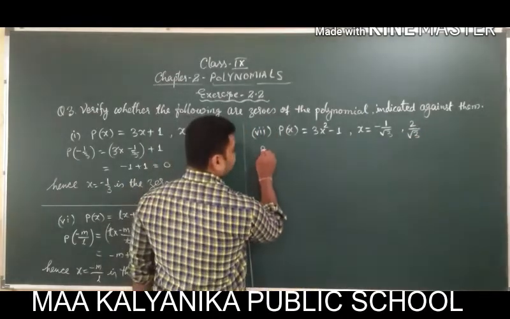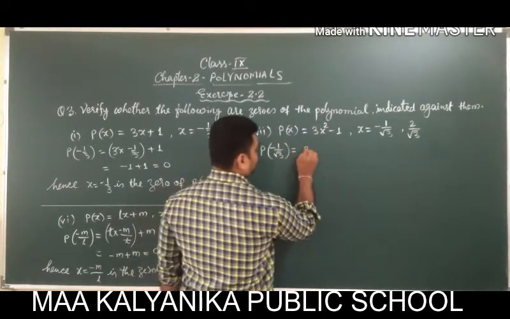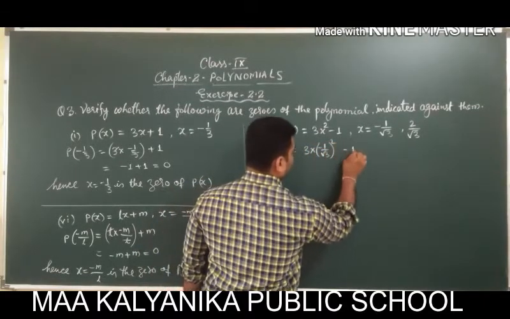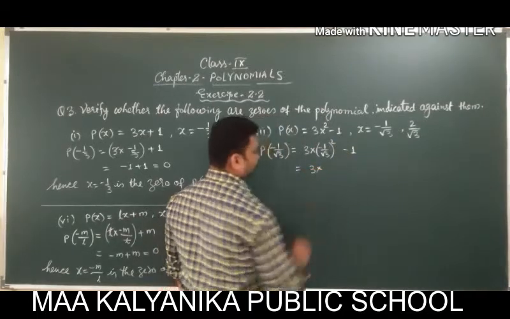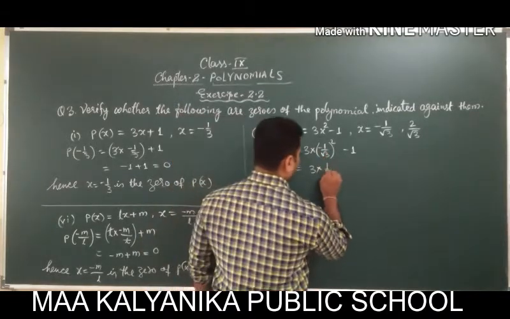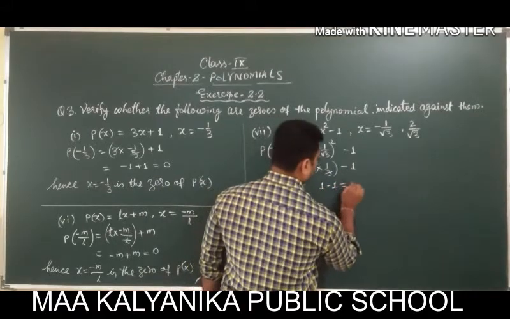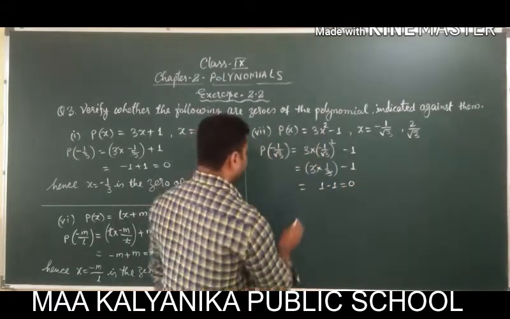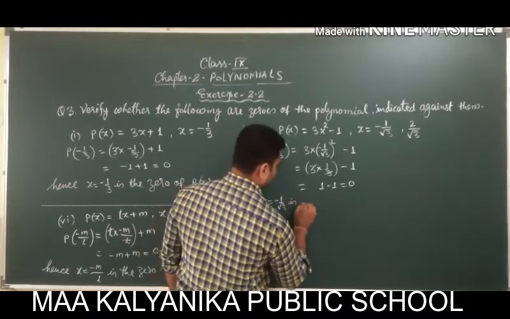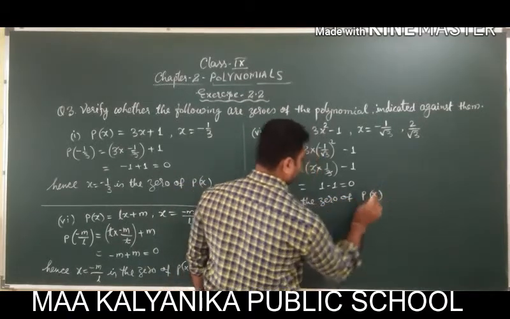So when x is equal to minus 1 upon root 3, then 3 into minus 1 upon root 3 whole square minus 1, 3 into minus 1 upon root 3 into minus 1 upon root 3, that is 1 upon 3, 1 upon 3 minus 1, 3 cancel, that is 1 minus 1 is equal to 0. Clear? Here we write x is equal to minus 1 upon root 3 is the zero of p(x).